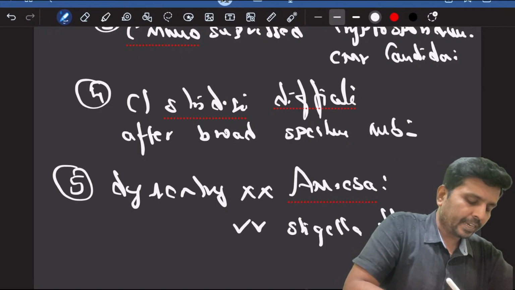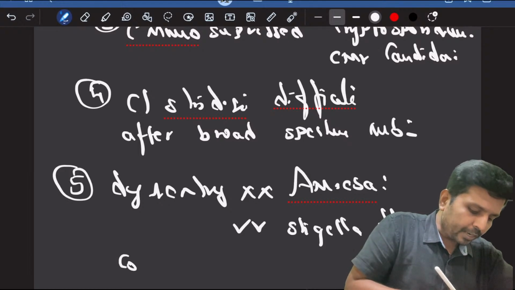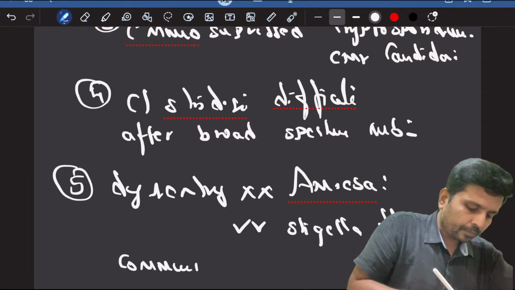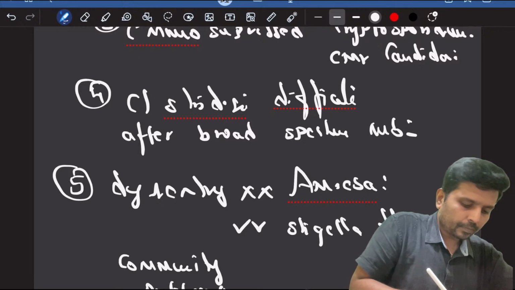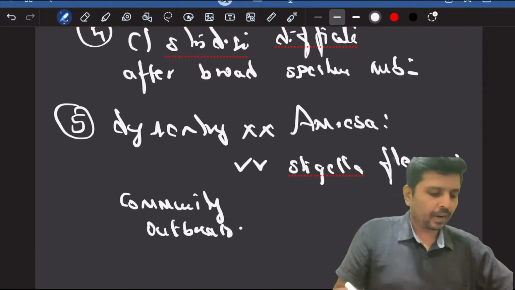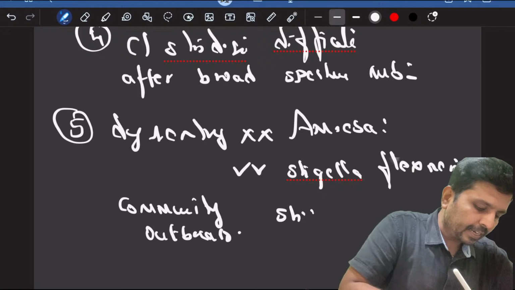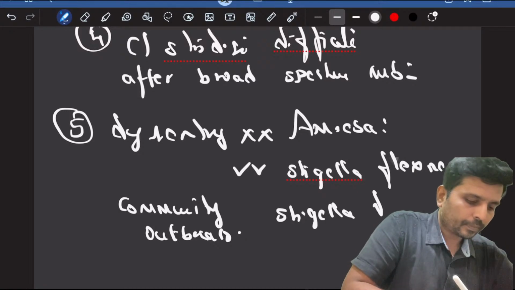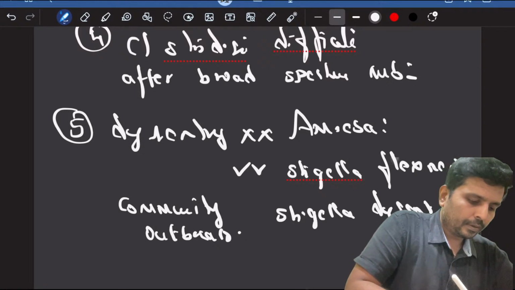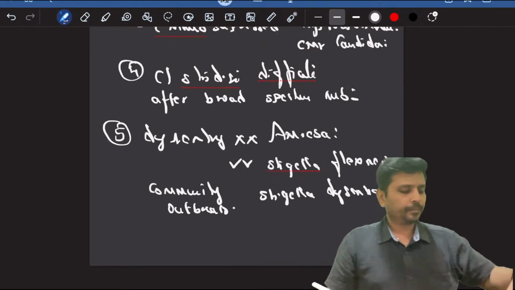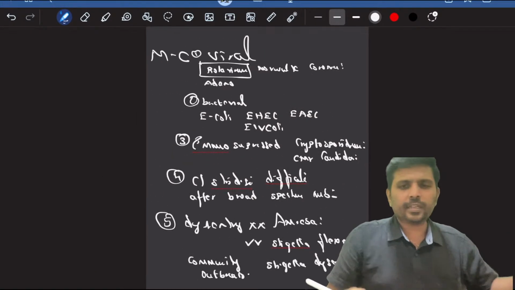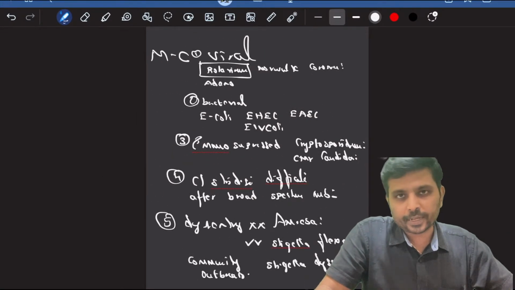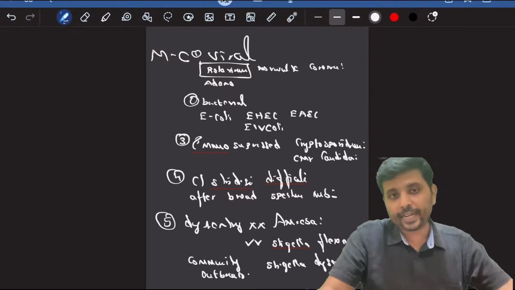Whereas community outbreaks are often due to Shigella dysenteriae. So these are all the common organisms that can cause acute diarrheal disease.